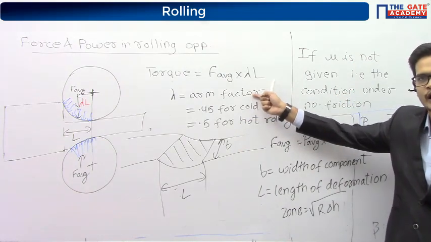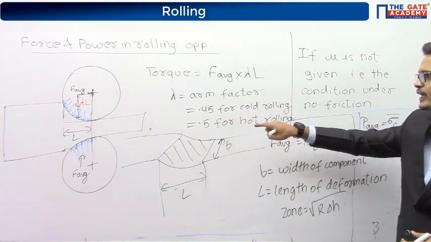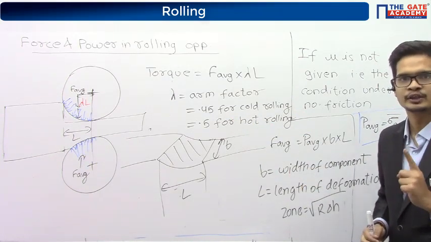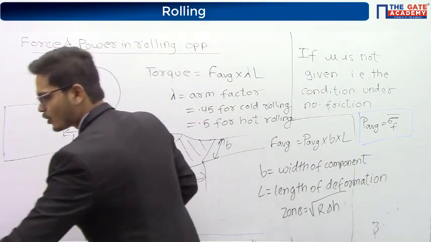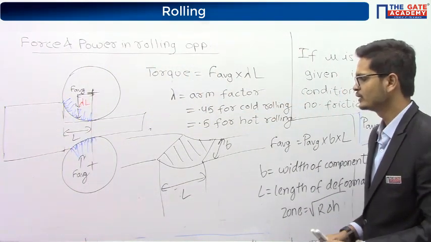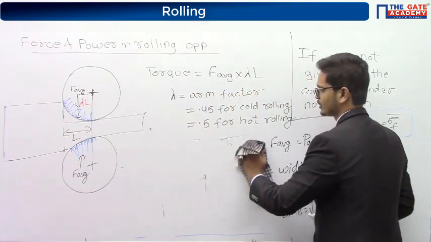Rolling by default is a hot rolling operation. Rolling is generally carried out above the recrystallization temperature.